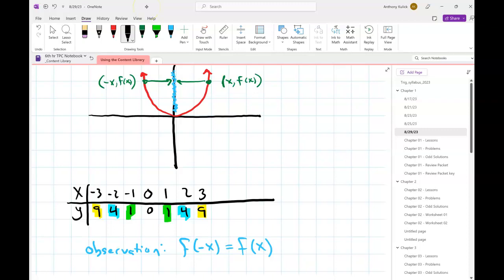So this was about what kind of functions? Even was the name we gave these. Even functions have this symmetry with respect to the y-axis. All right.